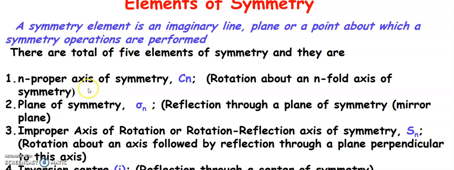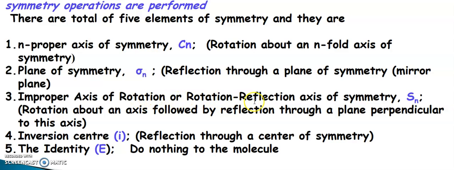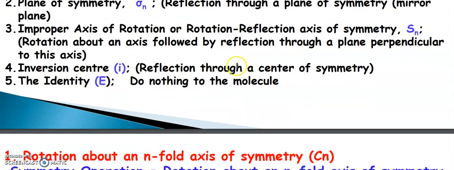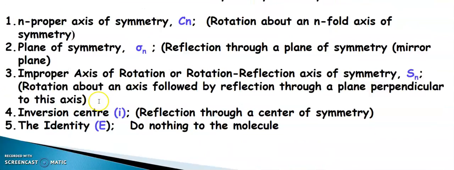They are: proper axis of symmetry represented by Cn, rotation about an n-fold axis of symmetry; plane of symmetry represented by sigma, reflection through a plane of symmetry, mirror plane; improper axis of rotation or rotation-reflection axis of symmetry Sn, rotation about an axis followed by reflection through a plane perpendicular to this axis; inversion center i, reflection through a center of symmetry; and identity E, which does nothing to the molecules. So these are the symmetry elements.